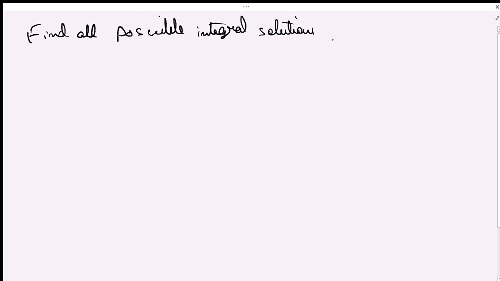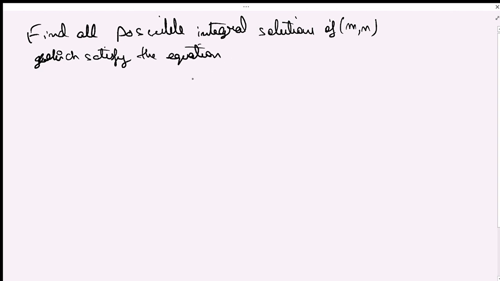Okay, so in this particular lecture, we're going to talk about a very important problem on number theory, which says: find all possible integral solutions of (n, m) which satisfy the equation n square plus 19n plus 92 equals m square.